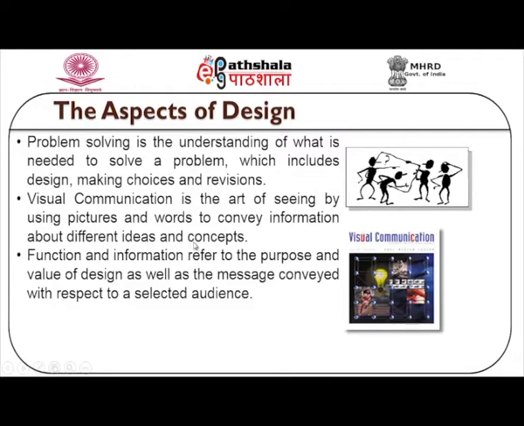He says visual communication is the art of seeing by using pictures and words to convey information about different ideas and concepts. So instead of using words, I use art to visually communicate something to the end user. The function and the information refer to the purpose and value of design, as well as the message conveyed with respect to the selected audience. So these are the design aspects.